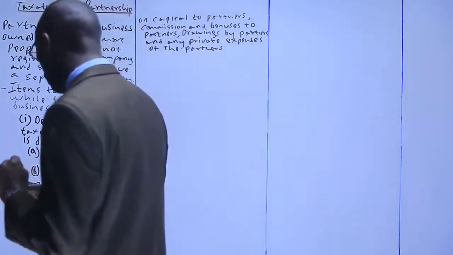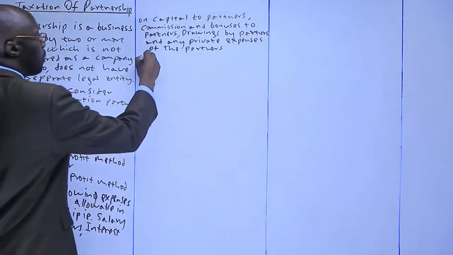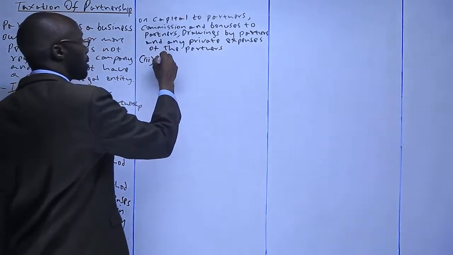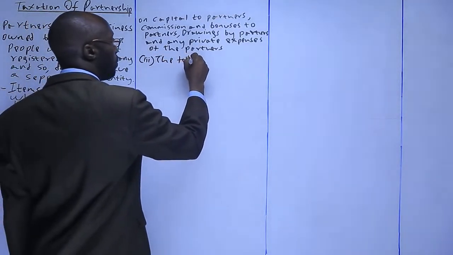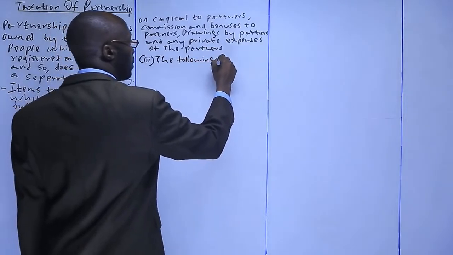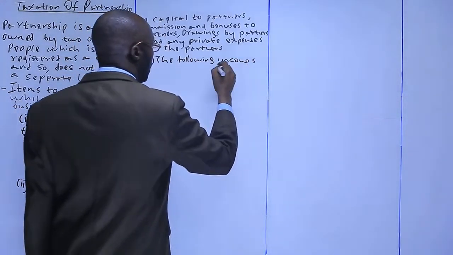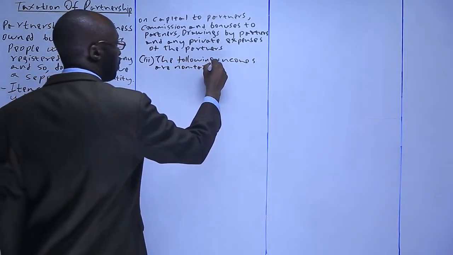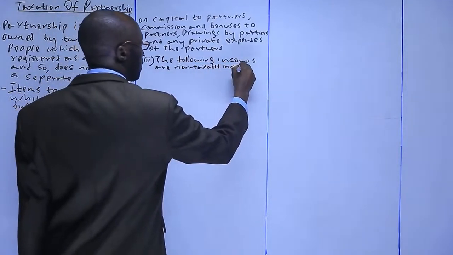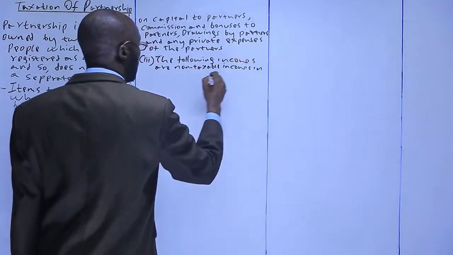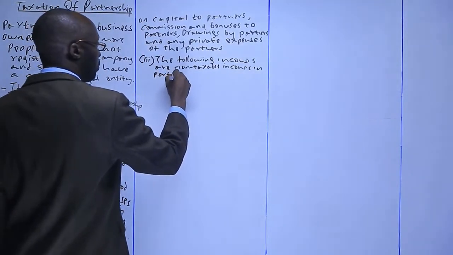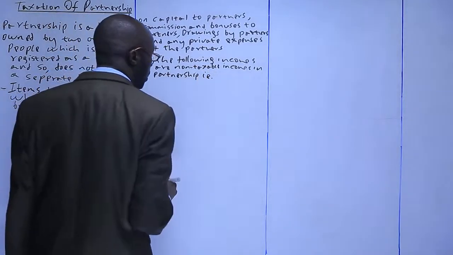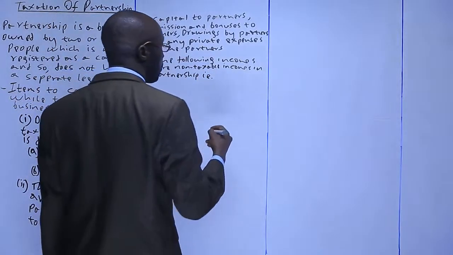The third one that you need to consider: the following incomes are non-taxable incomes in partnership, i.e., what are those incomes that are not taxable?